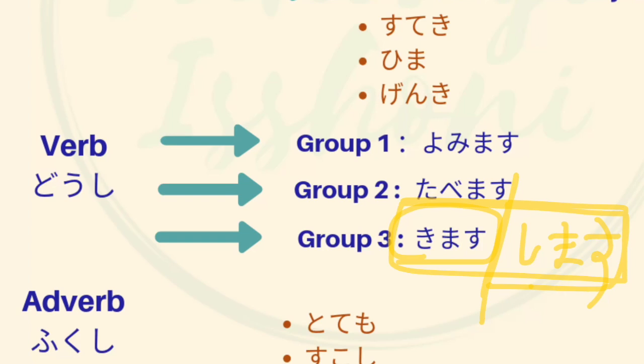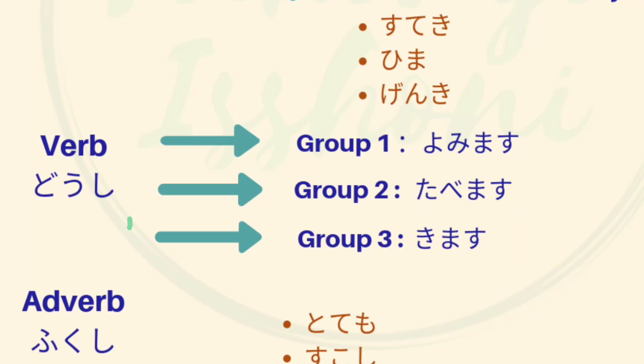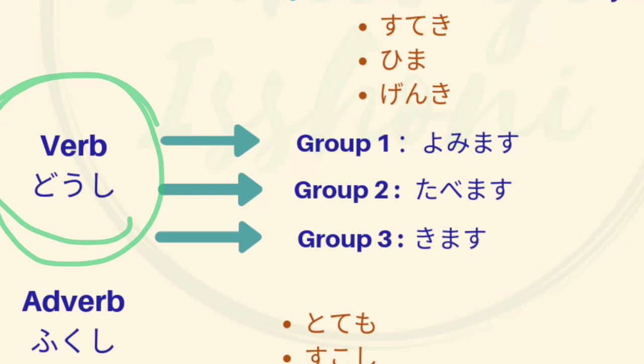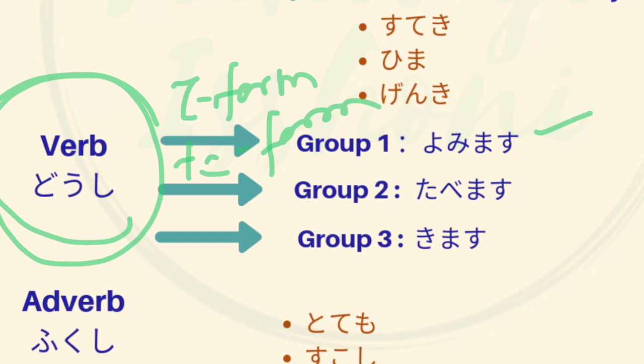Now whenever we prepare sentences, we always need to modify these verbs in different forms, like we have a te form, a ta form, similarly tai form. There are many other forms. Learn this in the upcoming videos.